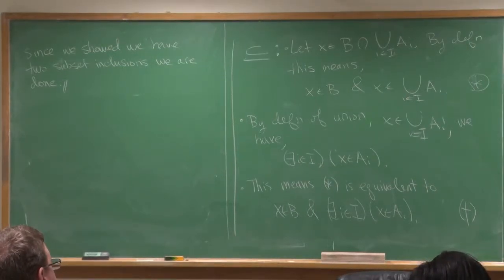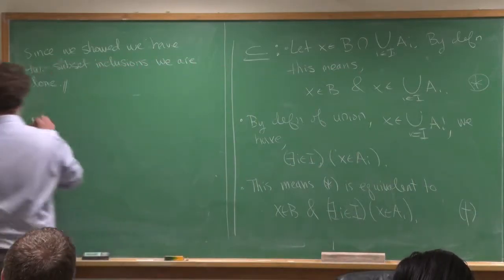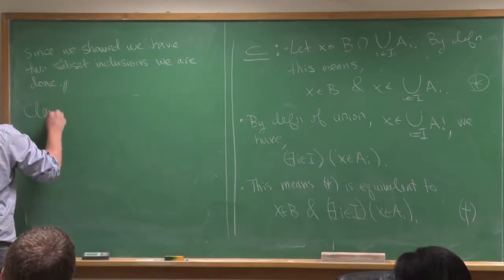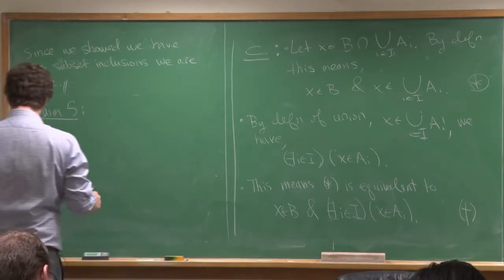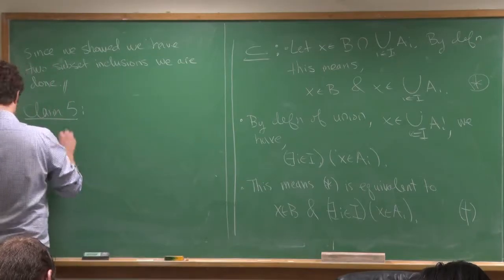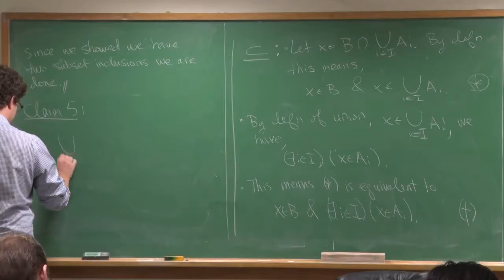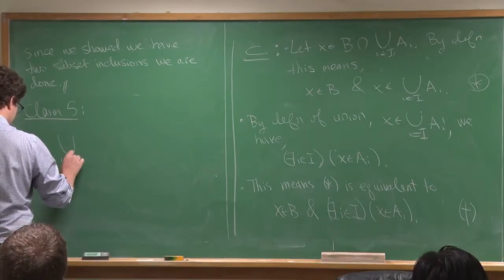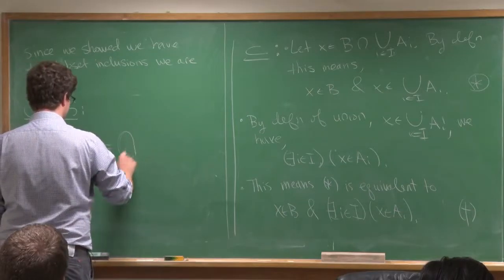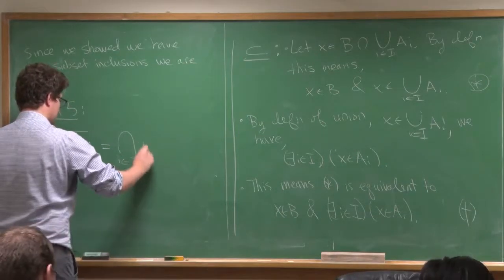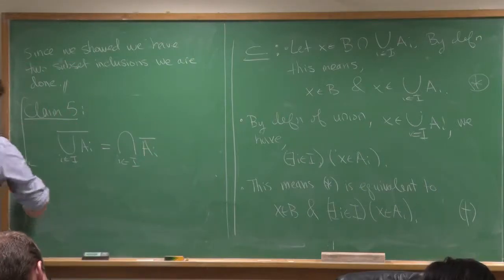All right, cool. Let me recall claim 5. I'll do claim 5 now. The fifth claim says that the union over I in I of AI, taken with the bar, is equal to the intersection of the AI bar, like this. So this is the claim.